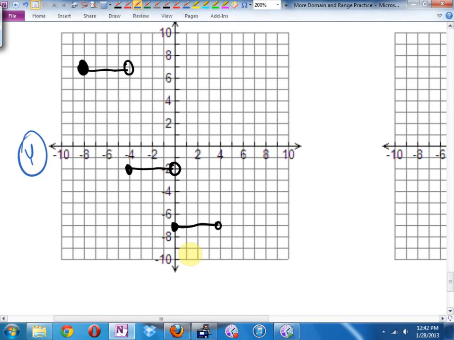Domain. How many graphs are there on here? Okay, but now I want you to use your imagination. Imagine that I slid this guy right to there, and I slid this guy right to there. Can you see that this could fill in that gap quite nicely, and it would fill in everything right to there?